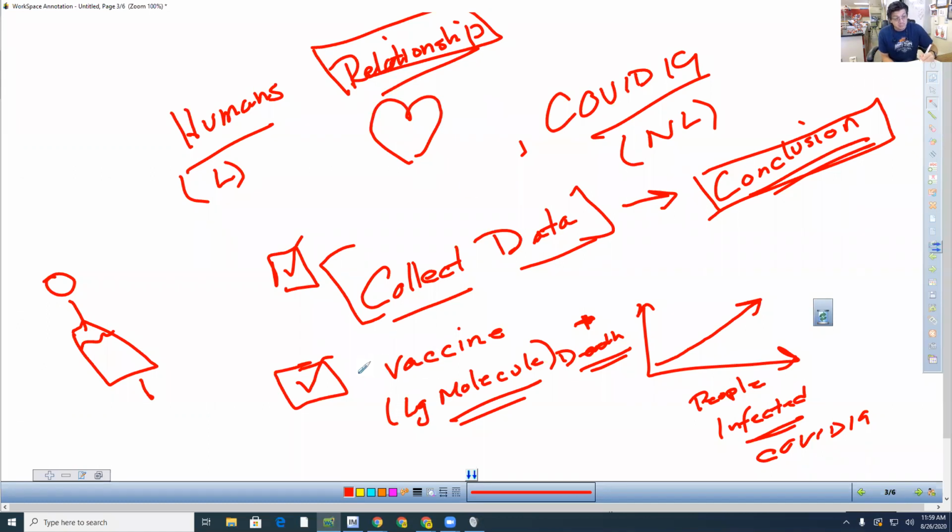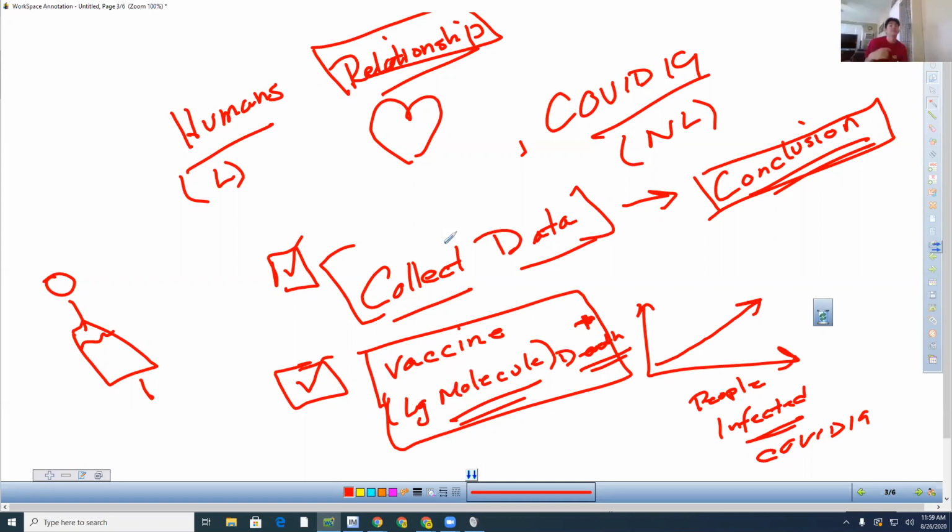How did the scientists figure out what the large molecule was? How did they figure it out? Data. By looking at the data and making more observations, and by studying this relationship in a different way. So that's what science is about, guys.